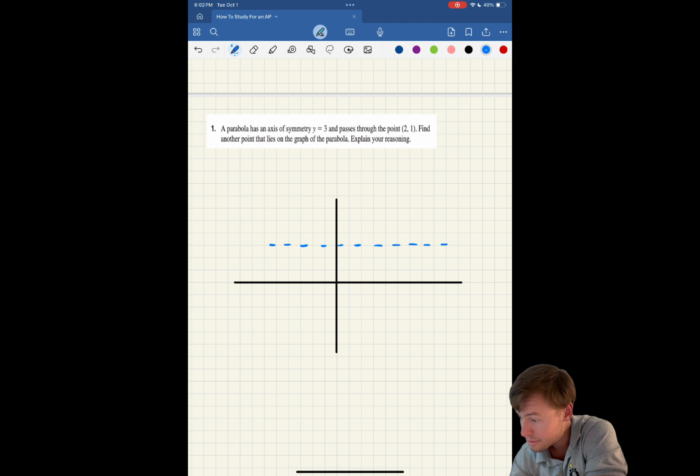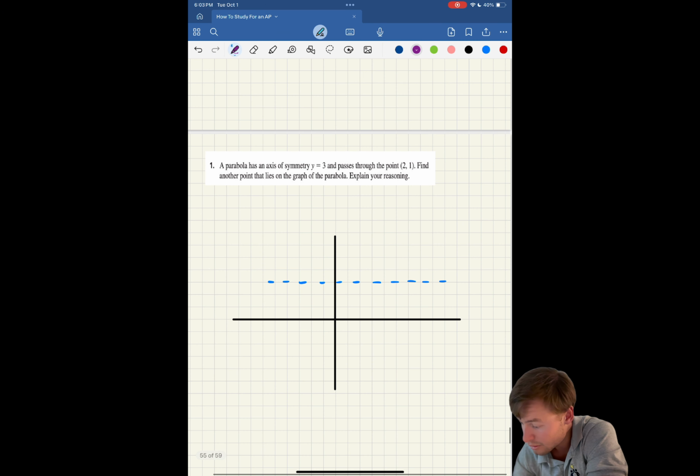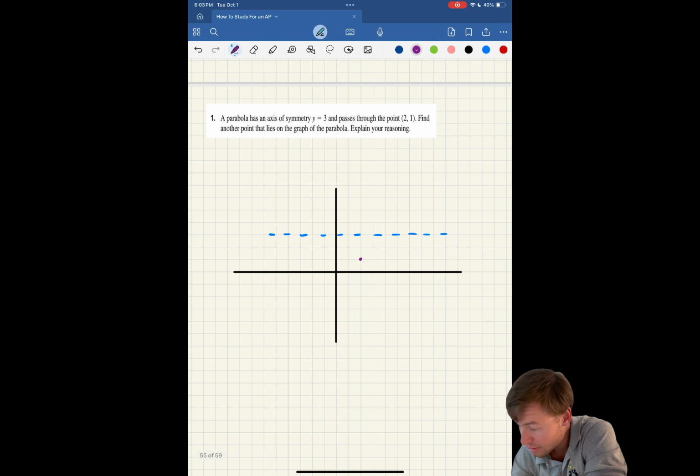And it passes through the point (2, 1), over 2, up 1. Okay, so my parabola probably looks something like this. It could face the other way, but it doesn't really matter.